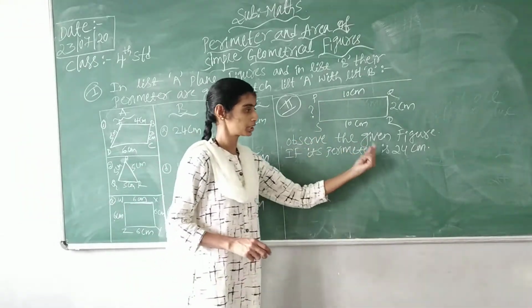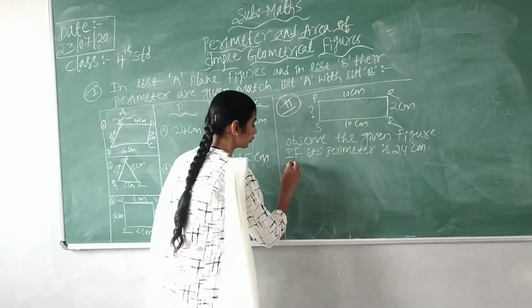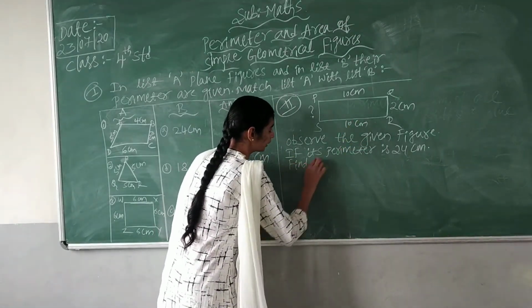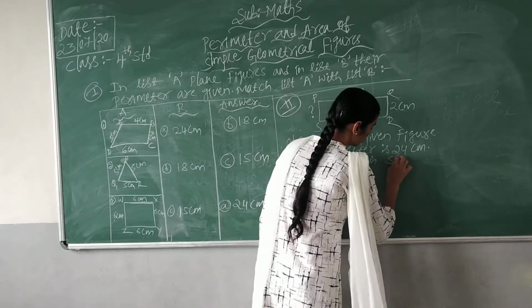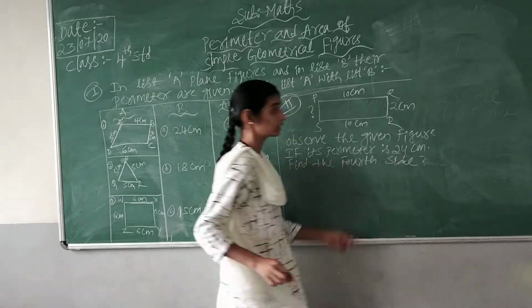If its perimeter is 24 centimeter, then find the 4th side. You need to find the 4th side. So this is the question.